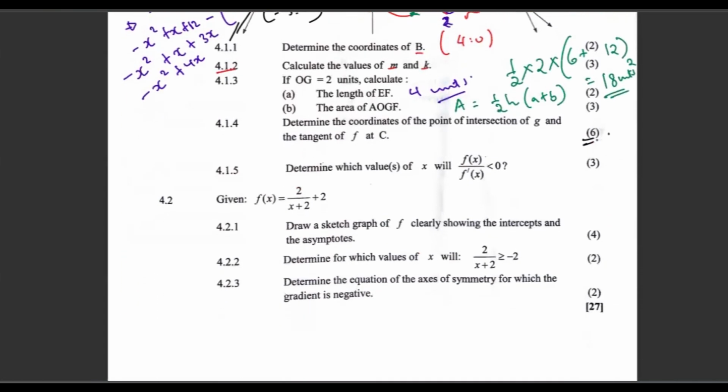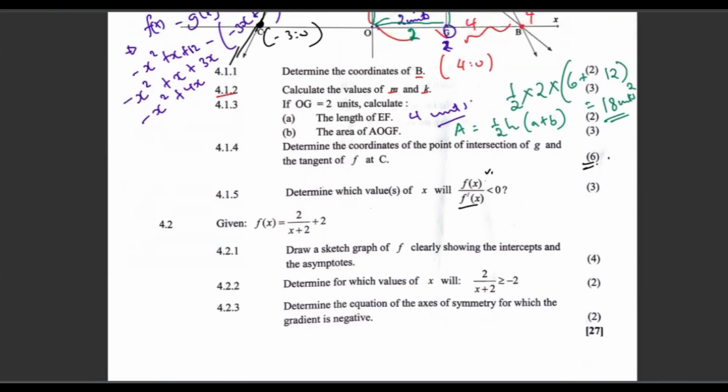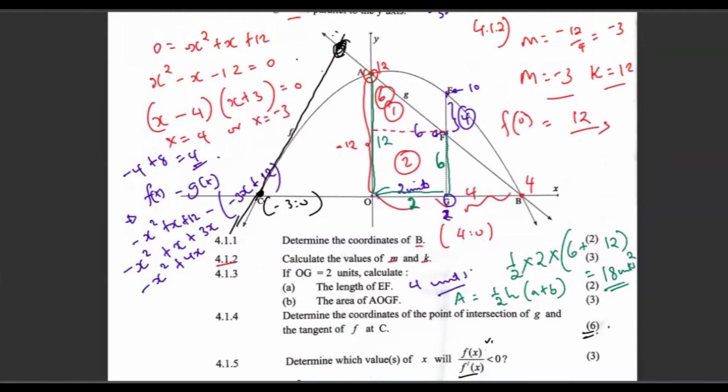Then 4.1.5, determine the values of x for which f of x times f prime of x is less than 0. So the gradient and the function itself need to have opposite signs. So the graph is below, and then probably the gradient is above.